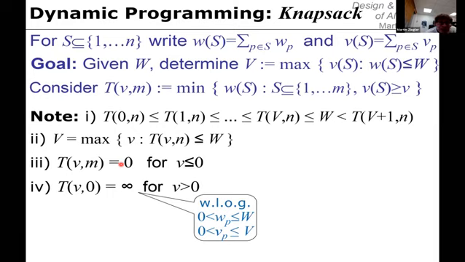Namely, the leftmost column is where we can only consider 0 packets among our total number n of packets. When considering only 0 packets, we cannot achieve any positive value. So when the table entry requires a positive value, then there's no solution, and the minimum of the empty set is by convention plus infinity.